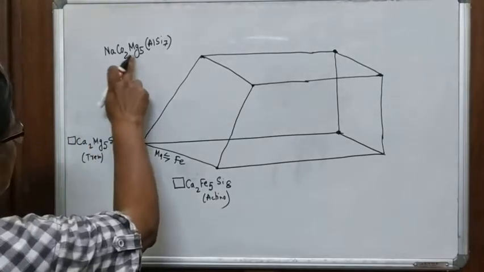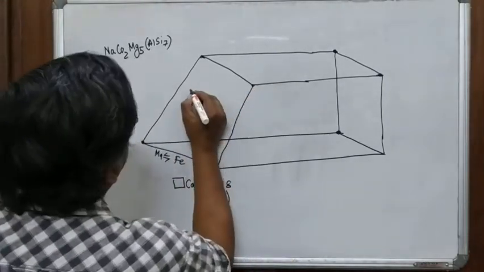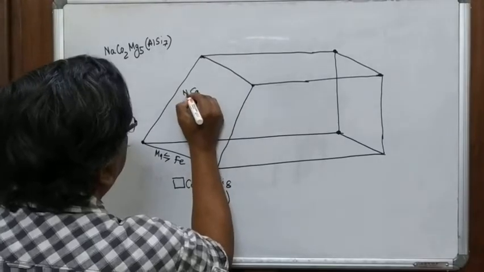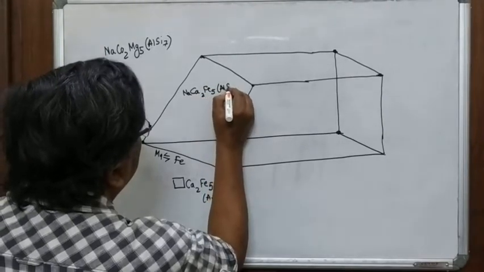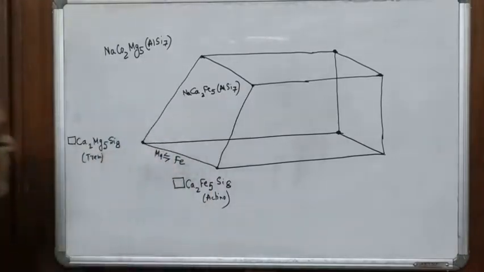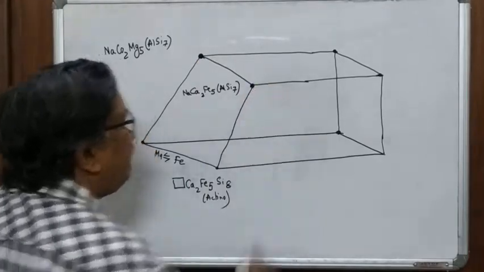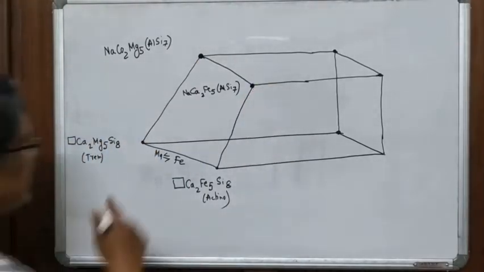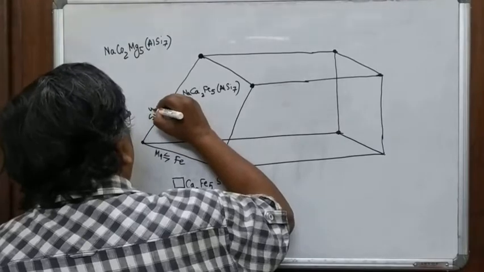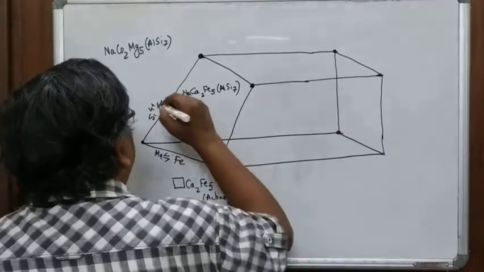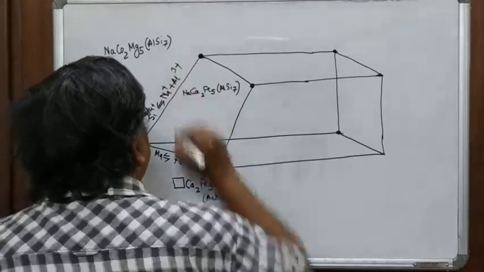So here we have NaCa2Mg5AlSi7, and of course you can imagine we do the iron end member, NaCa2Fe5AlSi7. So this is what we call magnesio-edenite, and this is called ferro-edenite. And the substitution scheme, as you can see here, is silicon 4+ being replaced by Na+ plus Al3+. That's the substitution scheme.